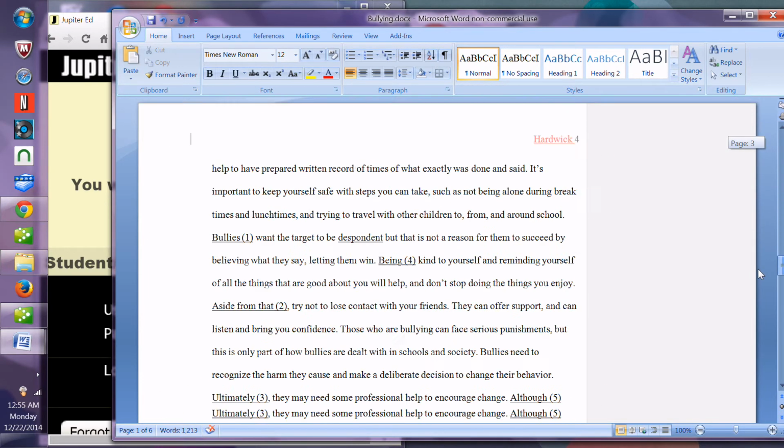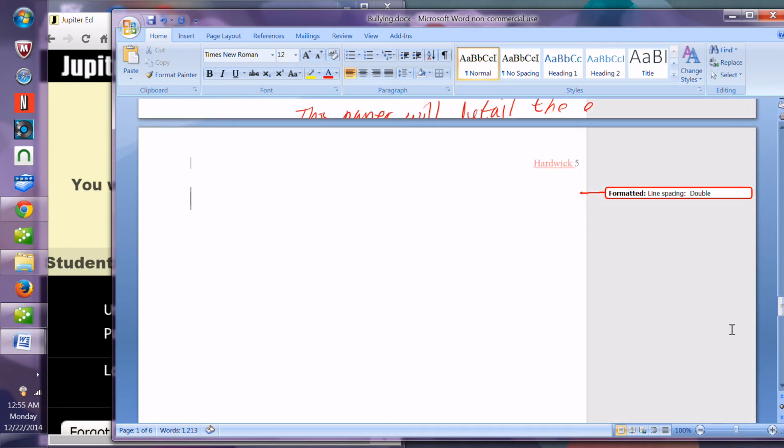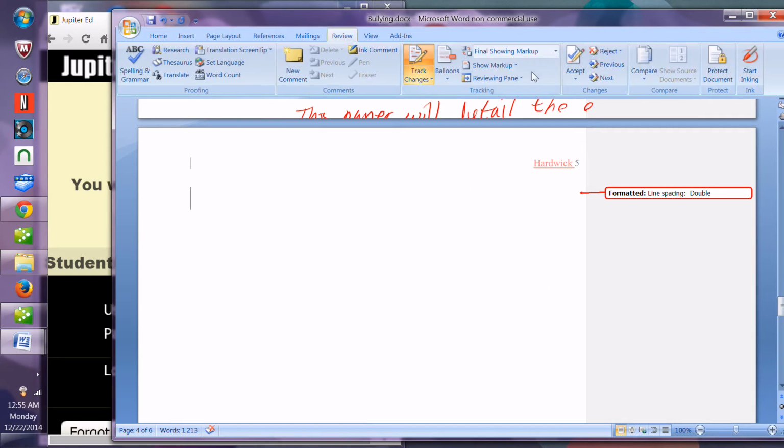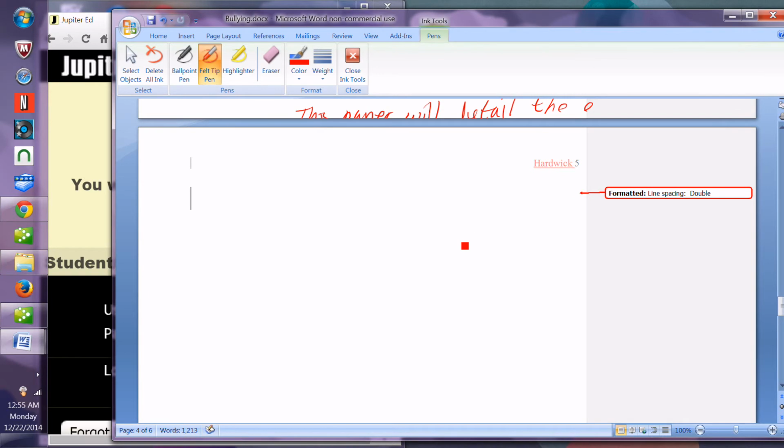And let me just kind of go over quickly, just review the steps of writing a research paper that you'll be using when you write. The first thing you've got to do, you've got to pick your topic, which you've done. You picked bullying. Then you narrow your topic. And usually for a research paper, you pick 3 topics.